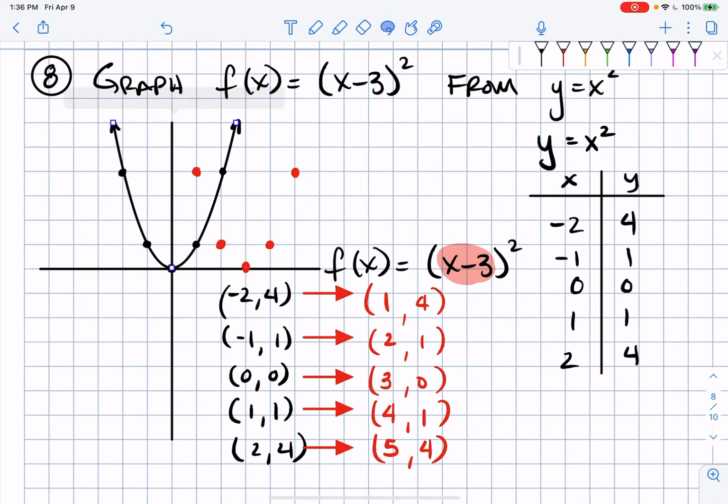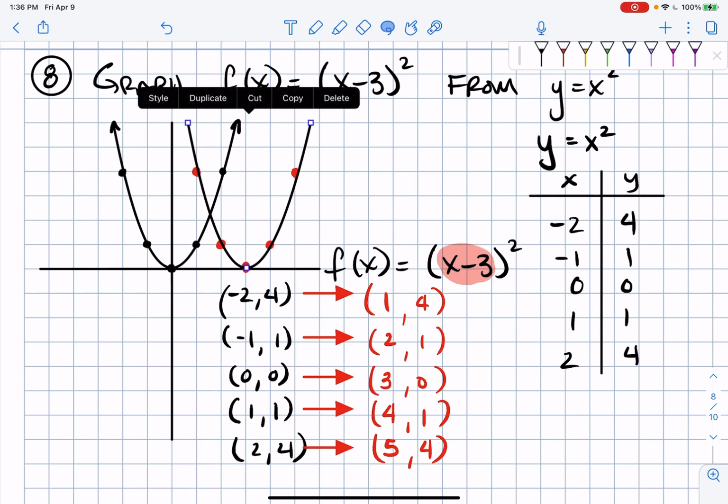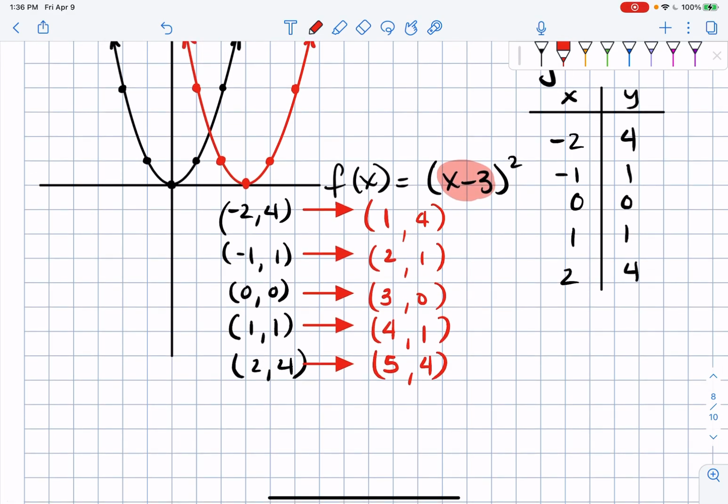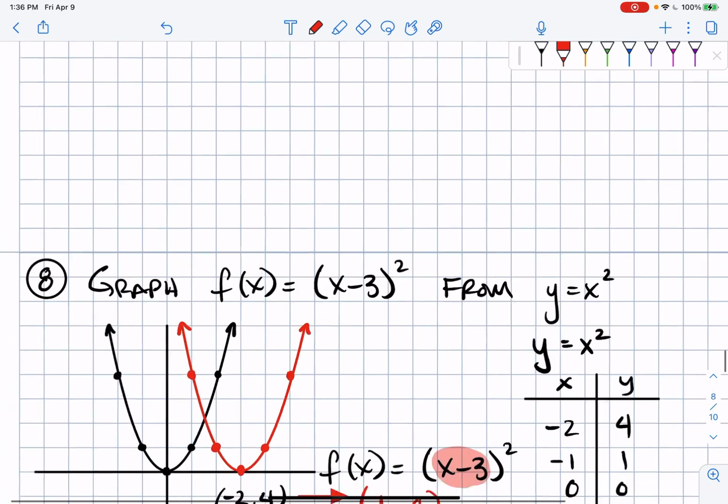So I'm going to take this one right here, duplicate it, move it over here. However, I'm going to change it red. There we go. So that's my final graph. I shifted to the right 3 times, and that is going to be choice 8.